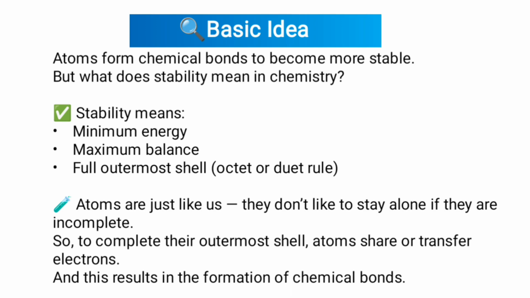Stability means minimum energy, maximum balance, full outermost shell, octet or duet rules. Atoms are just like us. They don't like to stay alone if they are incomplete. So, to complete their outermost shell, atoms share or transfer electrons, and this results in the formation of a chemical bond.